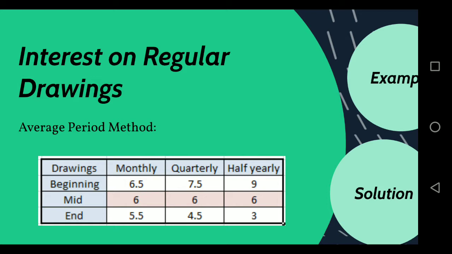For a quarter, 1.5, that is basically half of the quarter. 1.5 is to be added for the beginning and 1.5 is to be subtracted for the end.